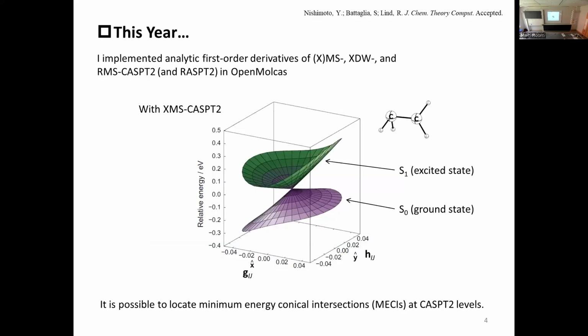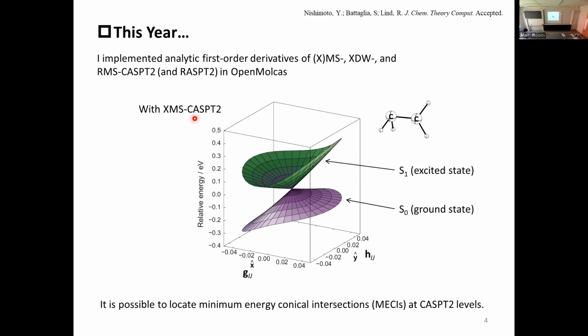But in this year, I would like to report analytic first-order derivatives of XMS, XDW, and RMS-CASPT2 and RASPT2, meaning that we can now locate minimum energy conical intersections, which is abbreviated as MECIs, at CASPT2 levels.